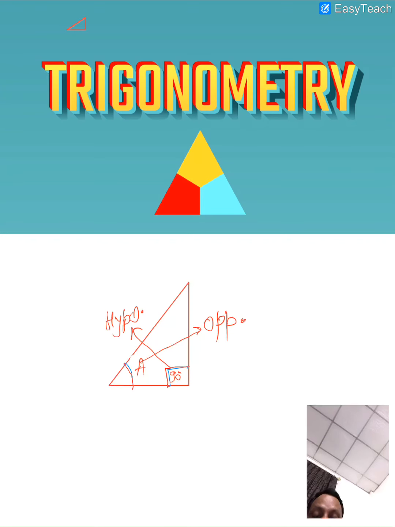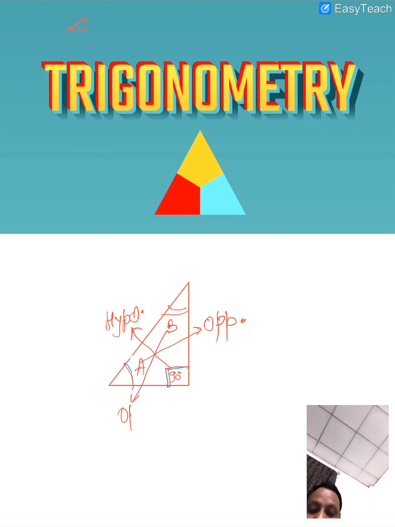I want to give you very clear knowledge: opposite is always in front of the angle. Suppose the angle is here, then your opposite will be here. For your backup, I'm going to rub it out to clear your knowledge.